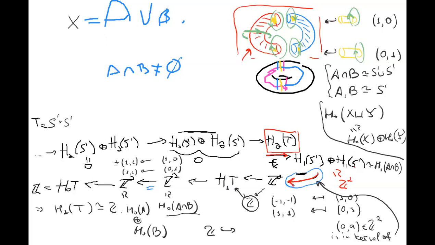So Z embeds to H1 of T. It surjects to Z. Okay, so therefore, since there are no non-trivial extensions of Z by Z, we have that H1 of T is Z squared. Okay? Cool. So, any questions?